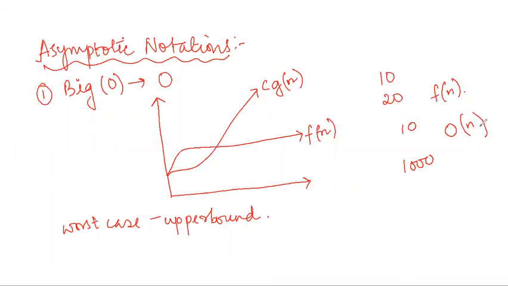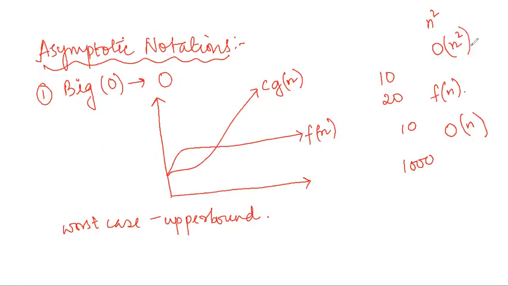Now I will explain it with an example. Suppose I have a sorting algorithm, and that algorithm performs n square operations to sort the n elements. Then I will say that this algorithm has a time complexity or an efficiency of order of n square.